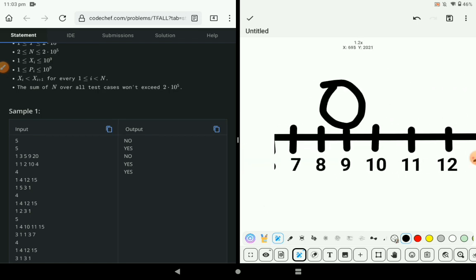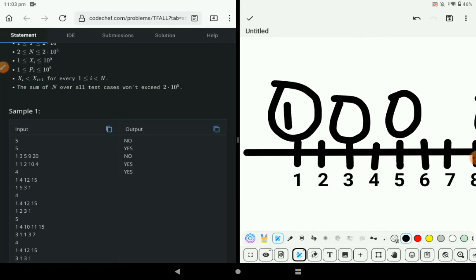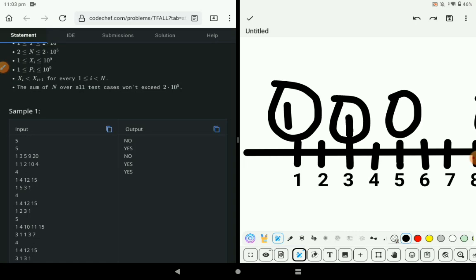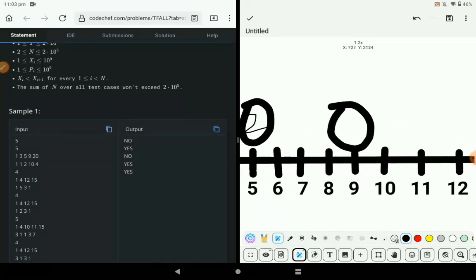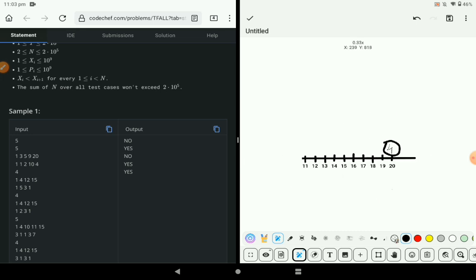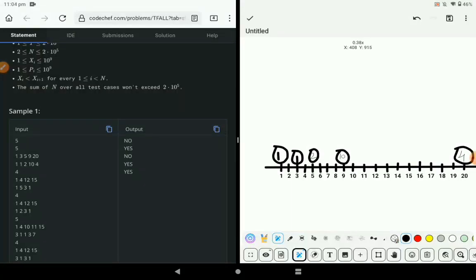Basically the power of the first ball is 1, the second ball is 1, the third ball is 2, the fourth ball at 9 is 10, and the fifth ball which is at 20, its power is 4. Is that clear? So basically these are the powers of the balls.